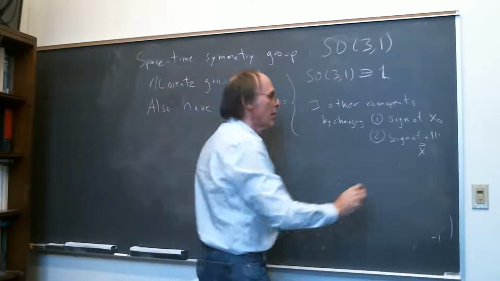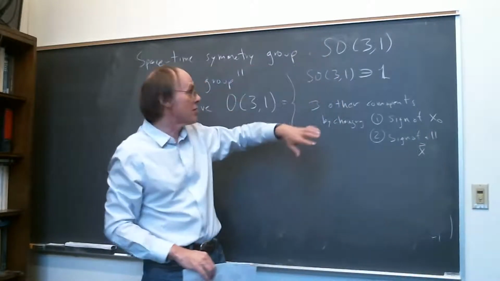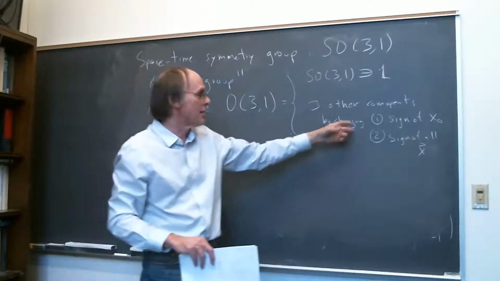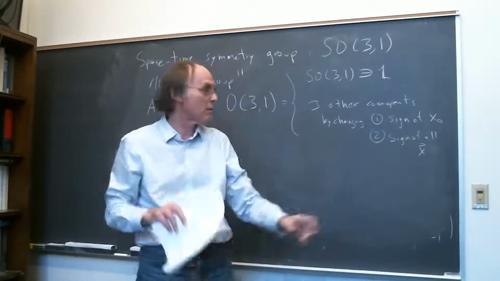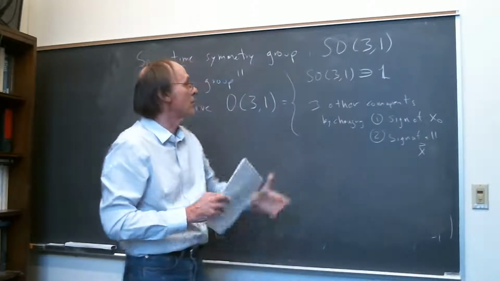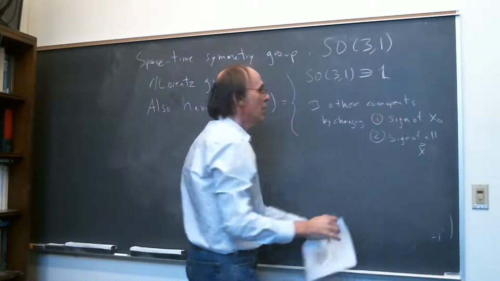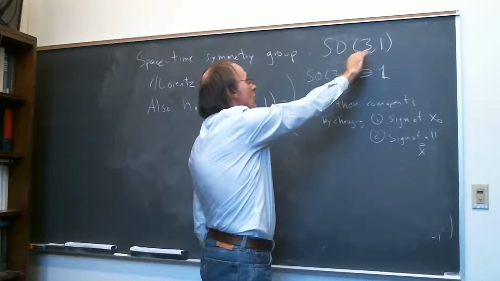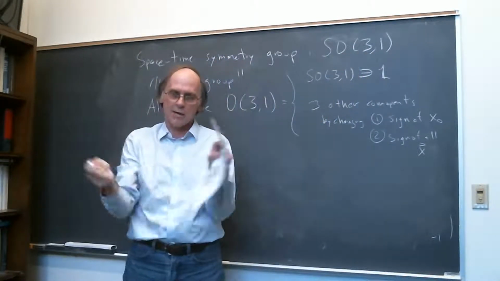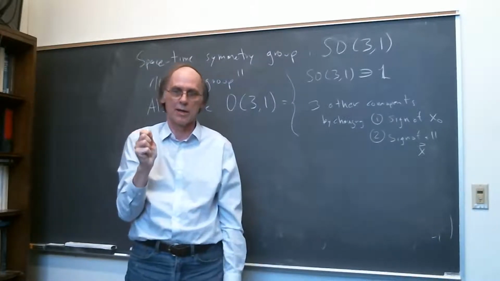So in the SO(N) case, you just have 2 components to worry about. Here, there's 4 of them, because there's the usual change the sign of everything, but there's also the thing that just changes this. So there's another copy of SO(3,1), which is all the copies of SO(3,1) together with taking time to minus time. But that doesn't include the identity, right?